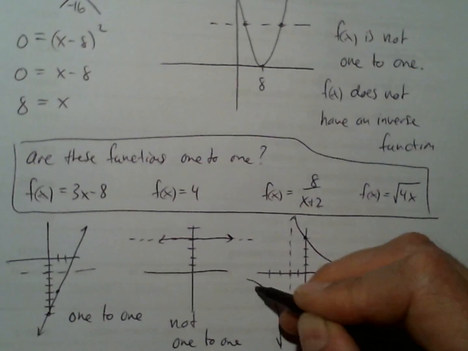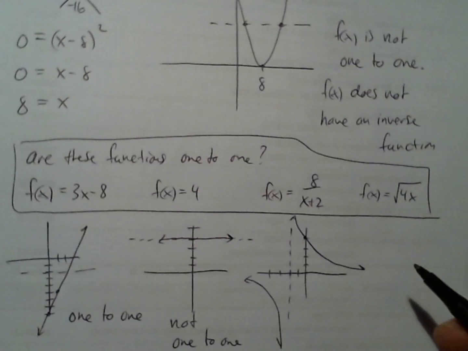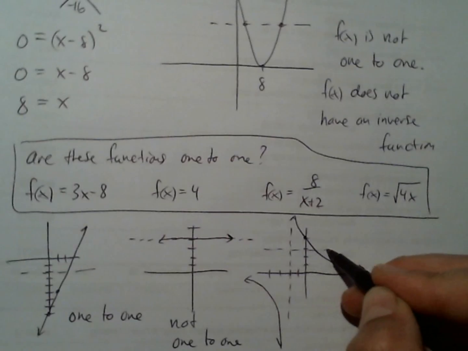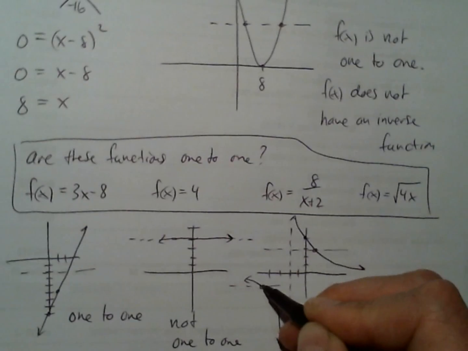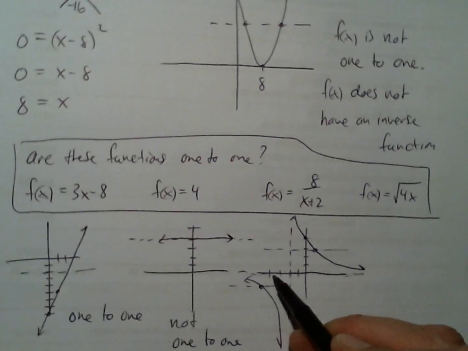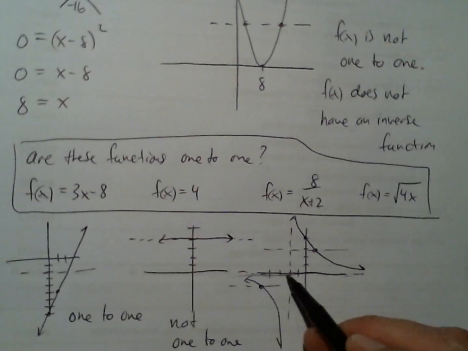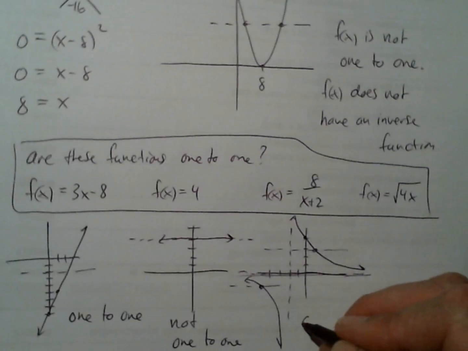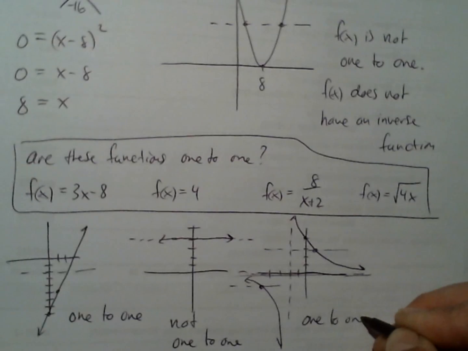And something like that. Every time you draw a horizontal line, it touches once. Every horizontal line touches once. This is an asymptote, so the horizontal line on the x-axis does not touch the graph, so it passes the horizontal line test. It's 1 to 1.